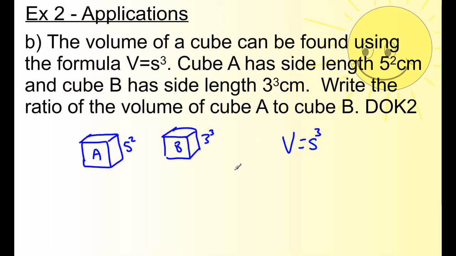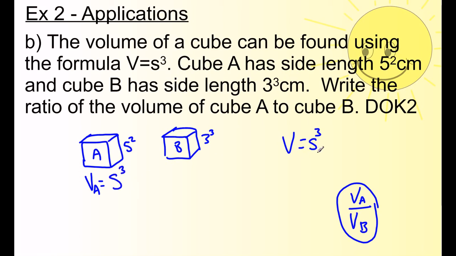So the first thing we have to do is, if they want a ratio of the volumes, meaning I want to have volume of cube A over volume of cube B. This is the ratio that they want, right? The ratio of the volume of cube A to cube B. I need this as my final answer, except I need to know what those volumes are. So for cube A, the volume for cube A is going to be side length cubed.